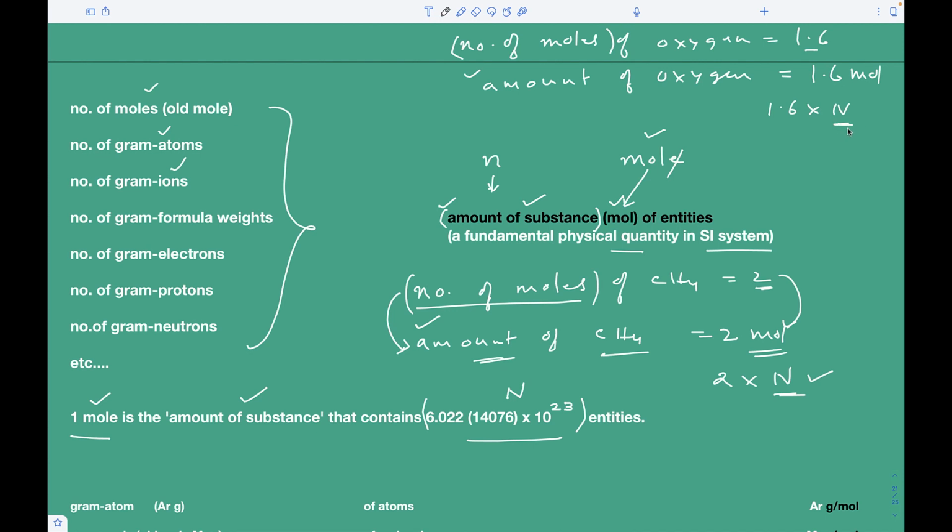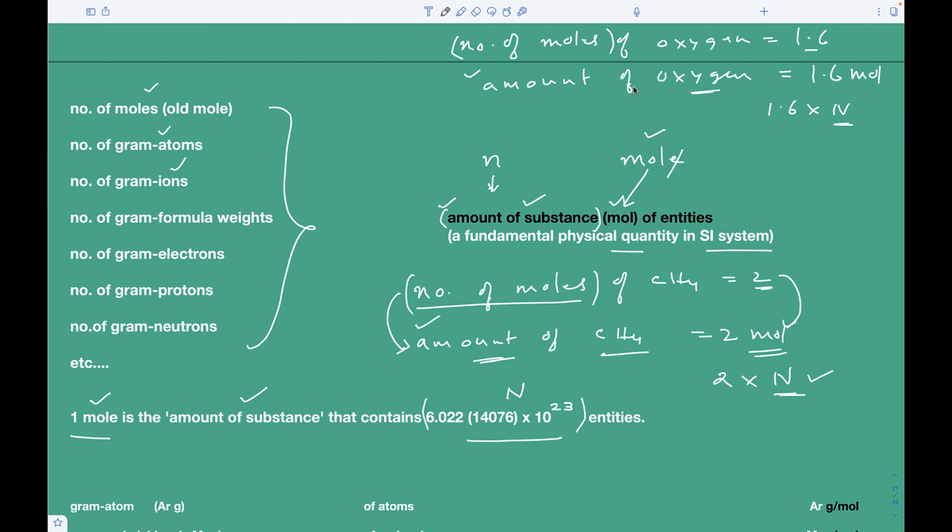And this does not tell the nature of the particle, whether we are talking about atoms, molecules, or ions. And in this case, we cannot figure it out, because oxygen sometimes exists in the form of atoms and sometimes in the form of molecules. So when you say amount of oxygen is equal to 1.6 mole, I don't know whether you are talking about oxygen atoms or oxygen molecules.